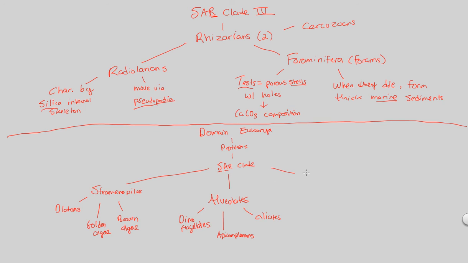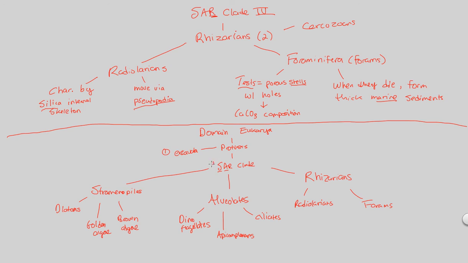And then finally we looked at right now, right above us, we have the Rhizarians. And the Rhizarians also have three, but we only need to know two of them, which are the Radiolarians, which are right above, and also the Foraminifera. And so we have all of the SAR clade right over here. And let's just not forget, we also covered within the protists, not just SAR, but we also covered Excavata, which was the first supergroup.